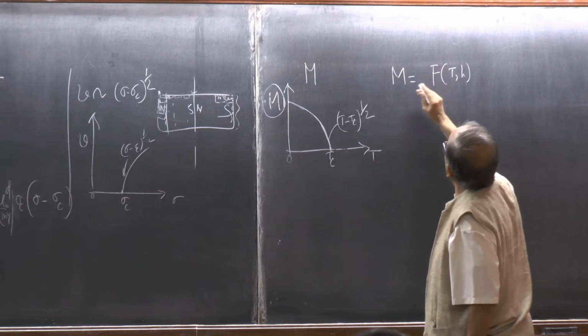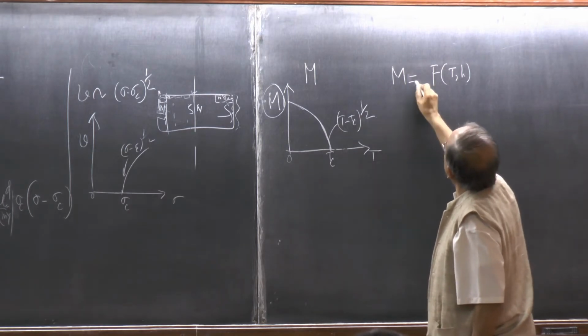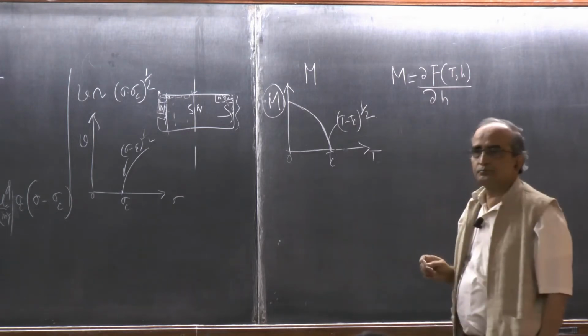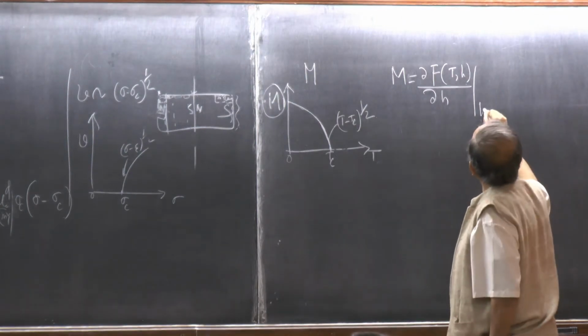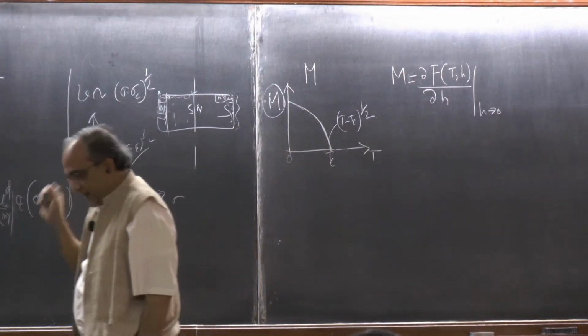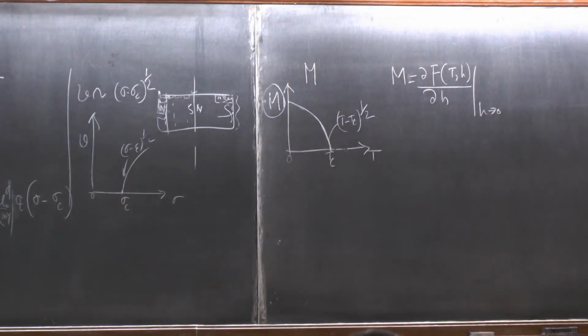If I want to get M, that would be del F del H, as H goes to 0. And it has T dependence like this.